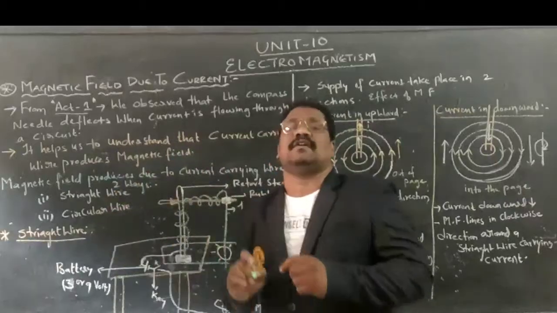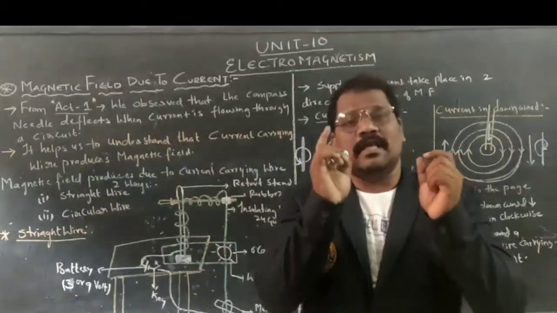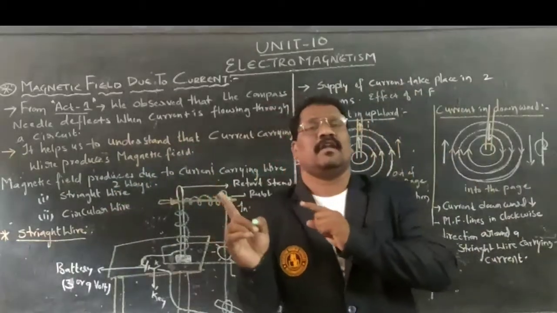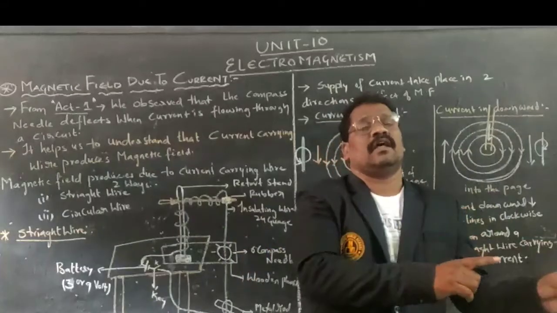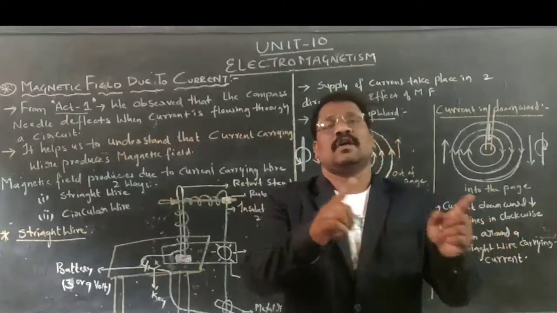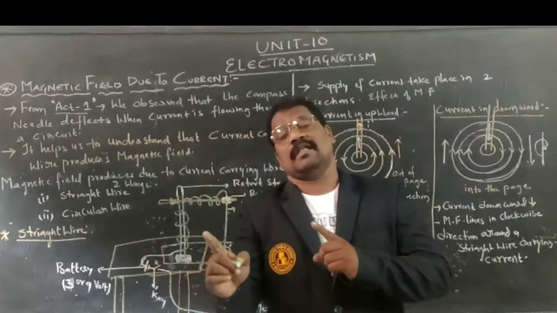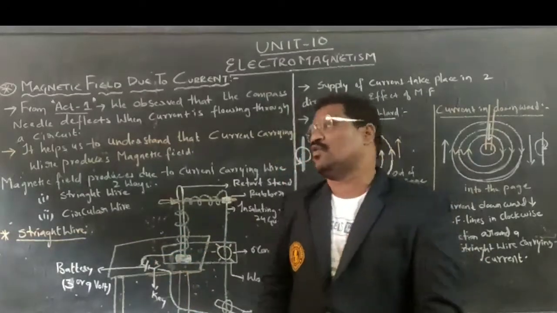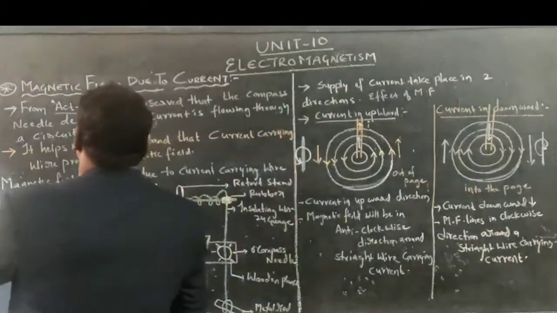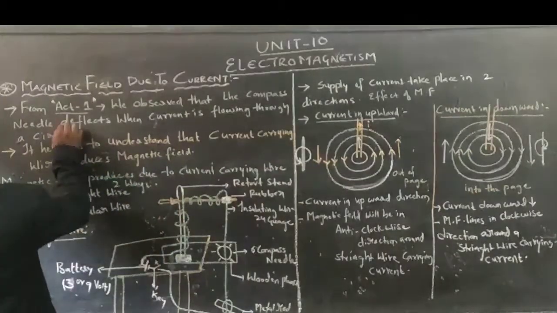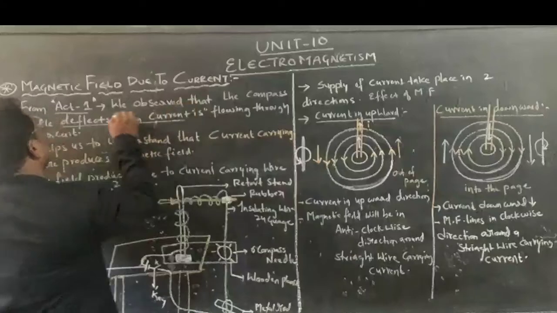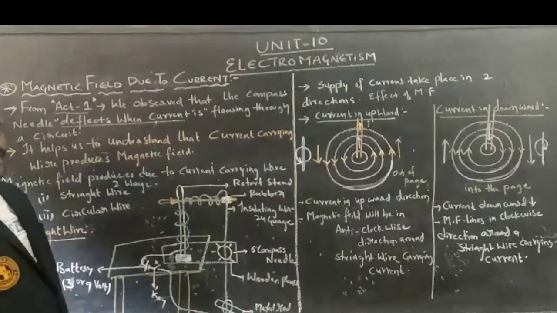Based upon the deflection, we can say that there is a relationship between the magnetic effect as well as the current flowing through a circuit.